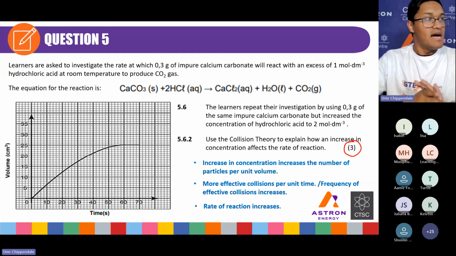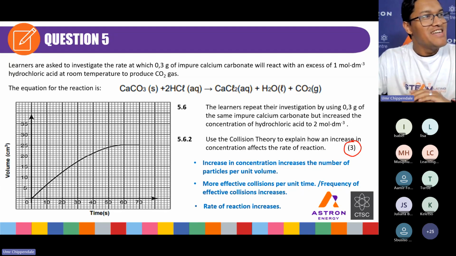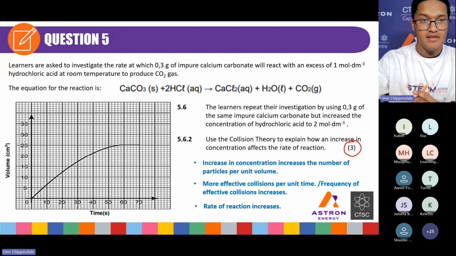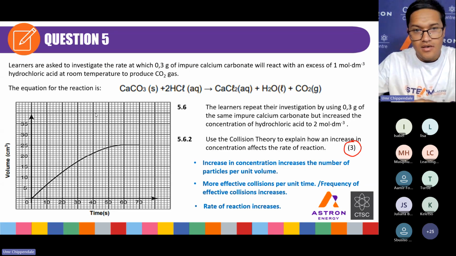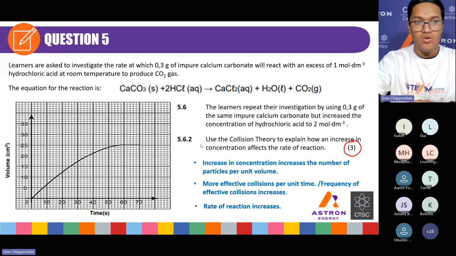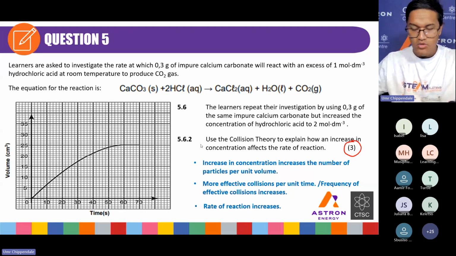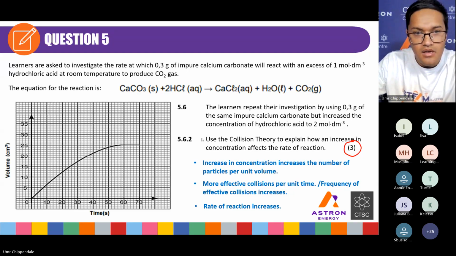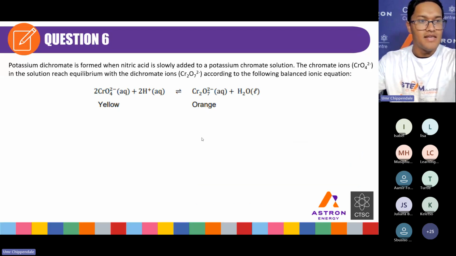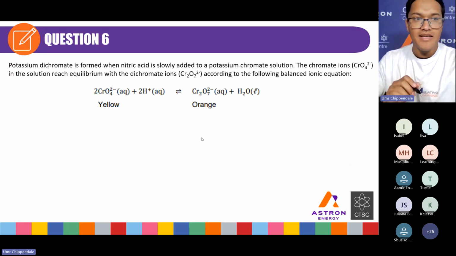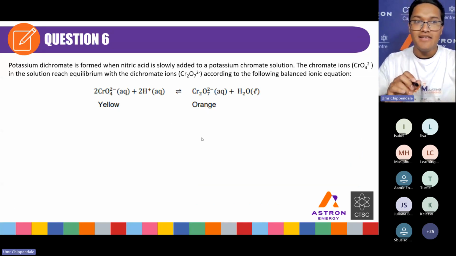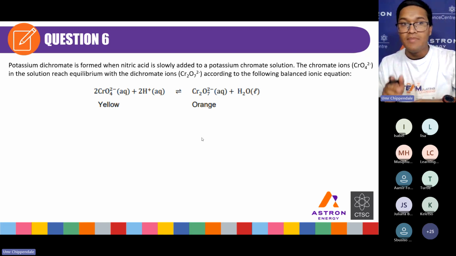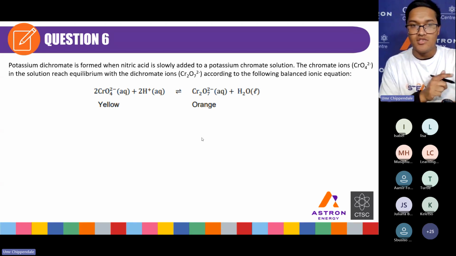Okay, so now I'm going to be moving on to question 6. So 4 more questions to go. Now we know when we move on to question 6, that will always be chemical equilibrium. Here it's stated, potassium dichromate is formed when nitric acid is slowly added to a potassium chromate solution.